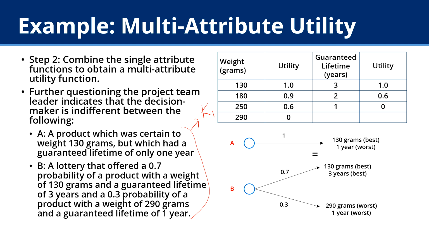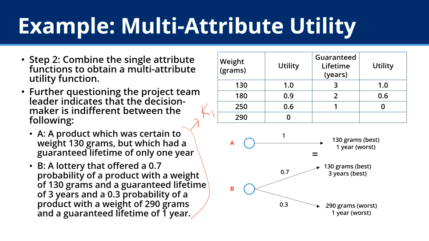The decision maker is indifferent between this option and option B, which is a 70% probability of the best in terms of attribute 1, the weight, and also the best in the durability, or the guaranteed lifetime, which is 3 years.